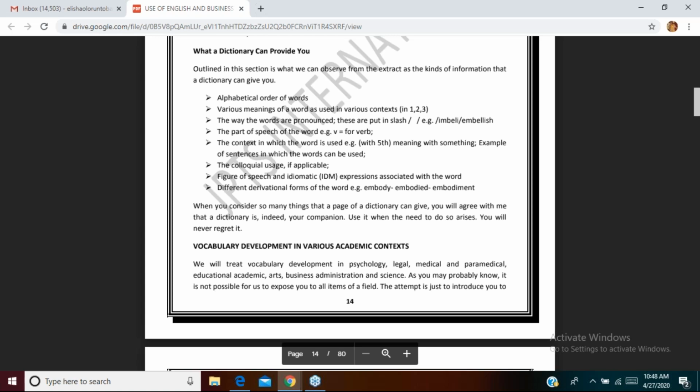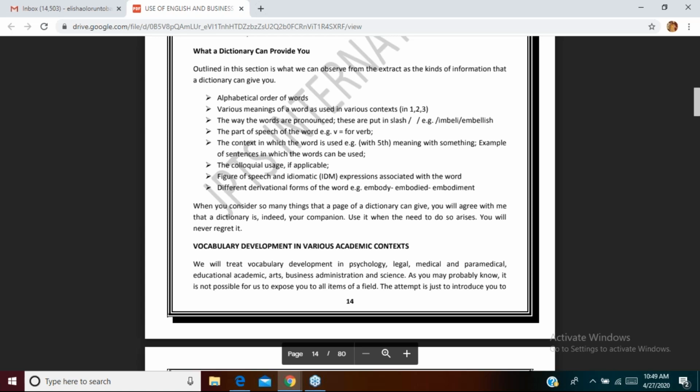The services you'll be rendering, don't just look at it that it is just meant for your local environment, for your state, or for Nigeria. No. You should be able to interact successfully with the what? With the global people, with the global market. It's important.